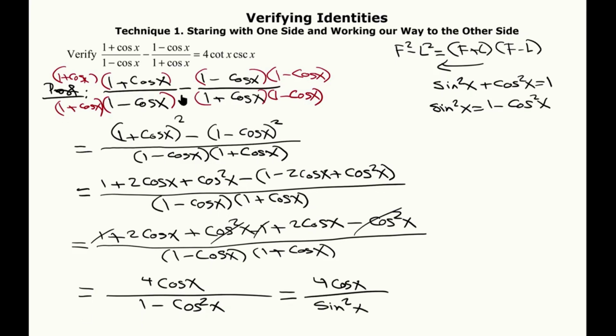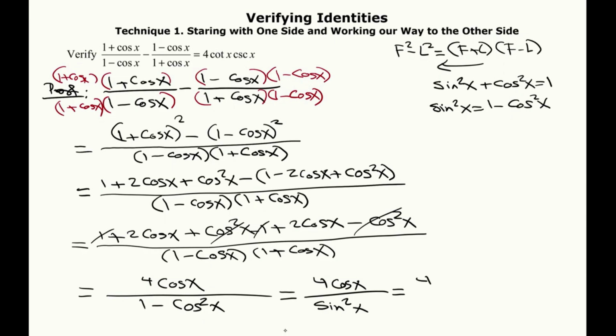Let's go back to see where we want to get, and notice we're really close to where we want to be. So we need to get a cotangent, which we have one. Cosine x over one of those factors of sine x is going to give us the cotangent. And then we need a cosecant, where we're going to have a sine x left when we do that. So we should be fine. So we're just going to break this up.